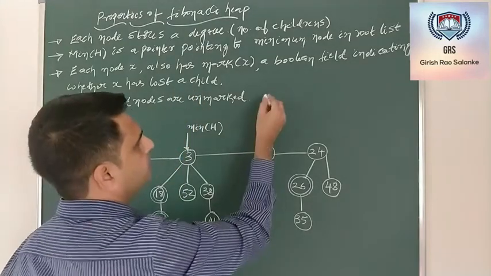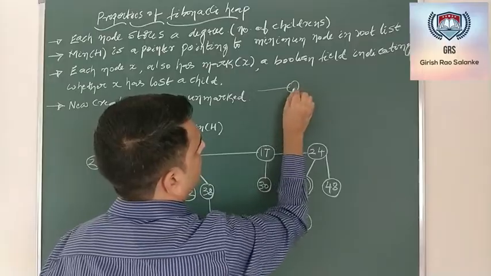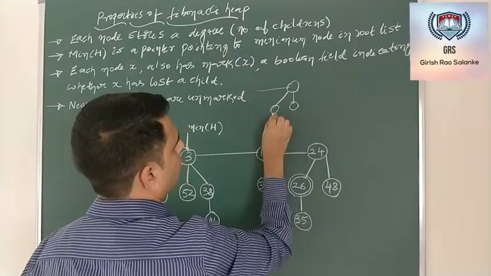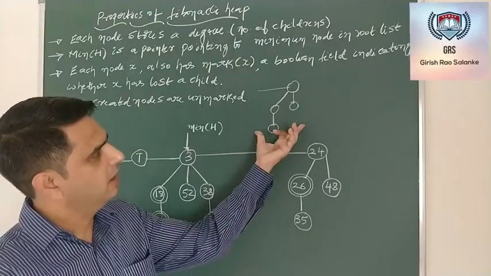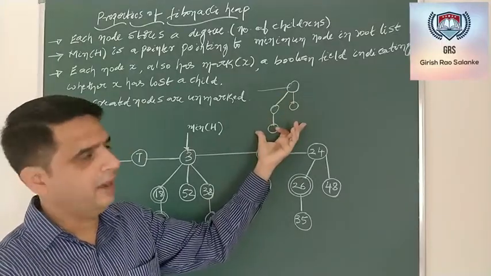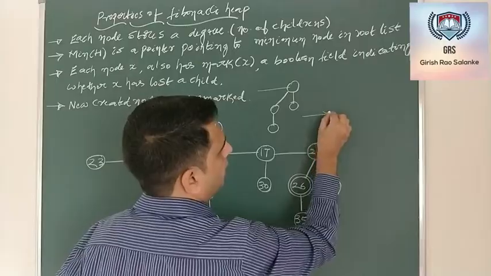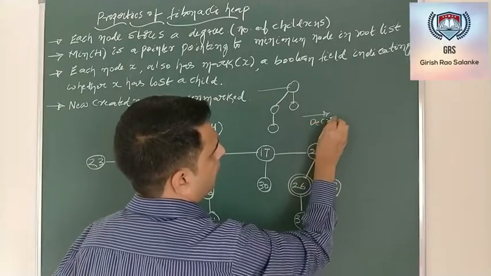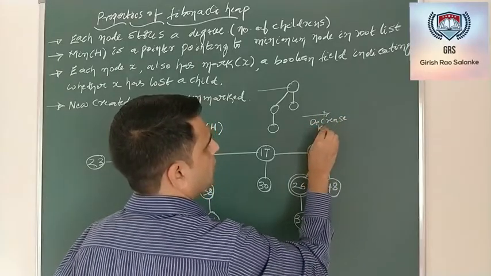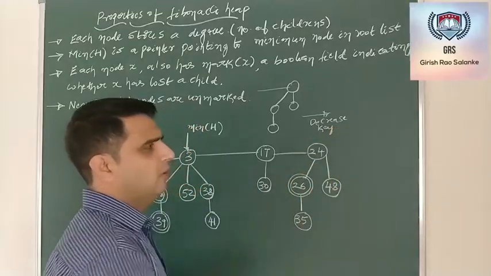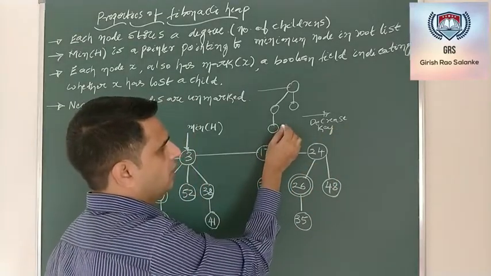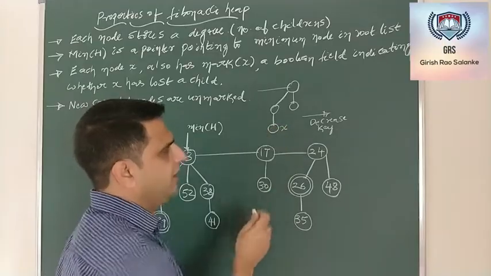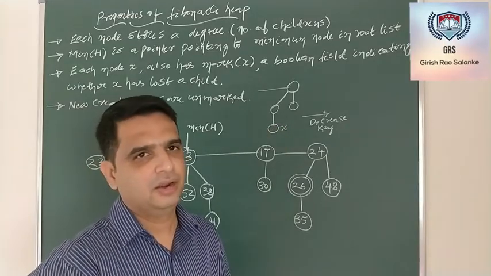Say for example, now assume that this was my heap, and on this I am trying to perform a decrease key operation. Hope everyone knows what we mean by decrease key operation. Assume that this was node x. The information stored in this x needs to be decreased further.